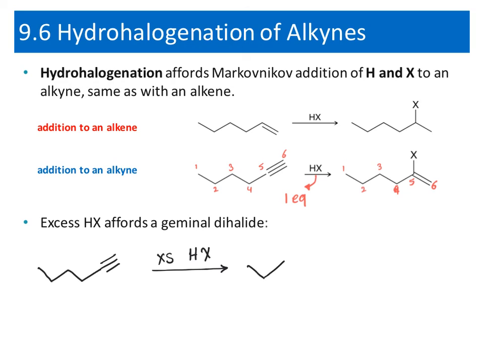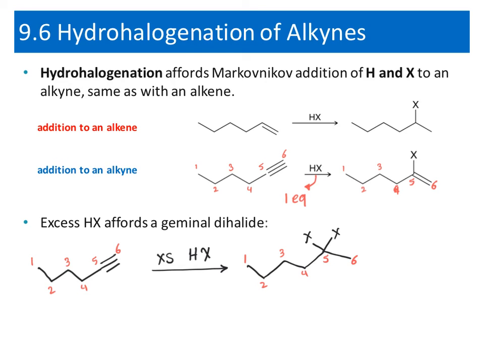So we are going to add both halogens to the same carbon and hydrogens to the same carbon. So what's happening here? Let's number all the carbons first. 5 and 6.